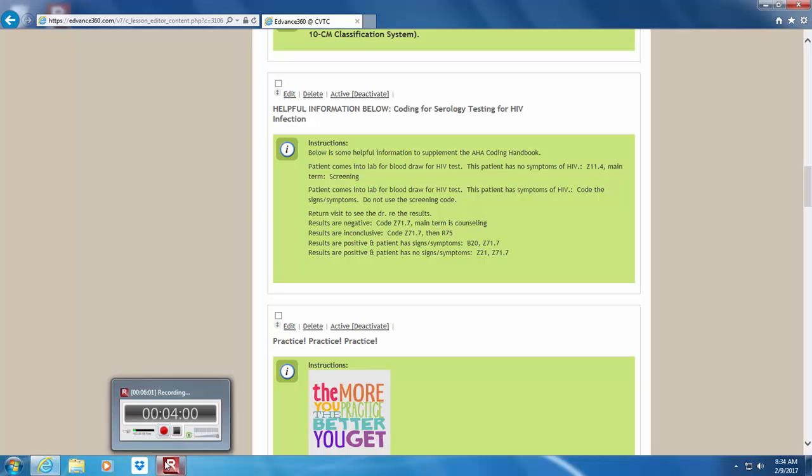It's an organism that took the opportunity, that is opportunistic, to affect this patient because they had a defective immune system due to the AIDS. So in that case, the patient is seen because of that organism in the esophagus, but the B20 is sequenced first, and then the candidiasis is sequenced second.